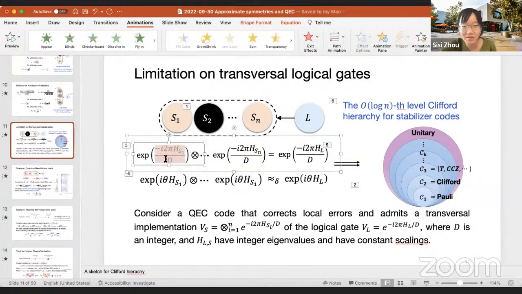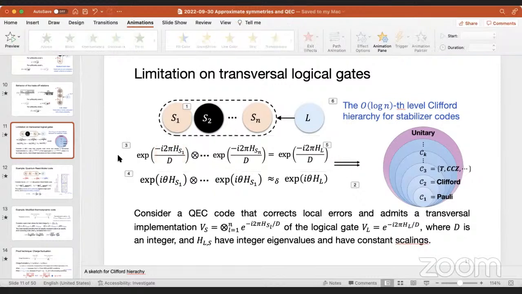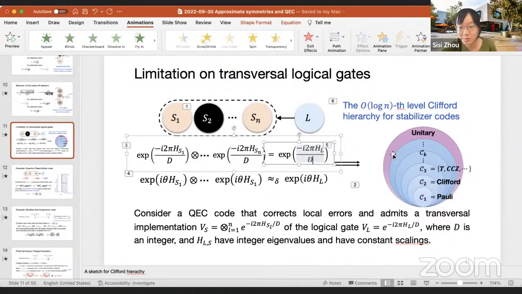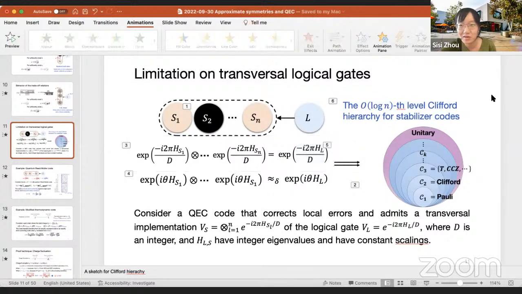So D would increase with the number of qubits. So in that case, it is closely related to the Clifford hierarchy if you consider stabilizer codes, because basically, the larger D is, the higher the Clifford hierarchy you are in.